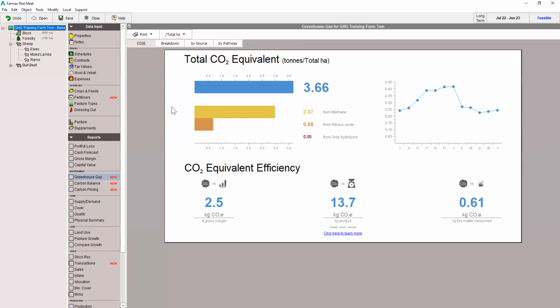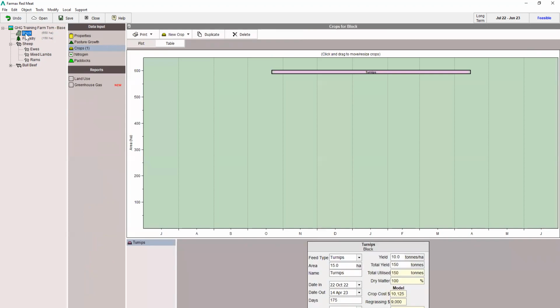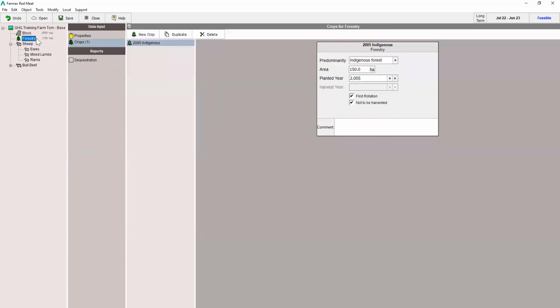So at the moment, I'm looking at my CO2 equivalents per total hectare. I might also be interested in looking just per farm hectare, which will spread my greenhouse gas emissions purely across the pasture blocks. So if I go per farm hectare, that lifts our emissions to about 4.5 tonne per hectare, because this particular farm has 650 hectares of pasture, but we also have a 150 hectare forestry block.